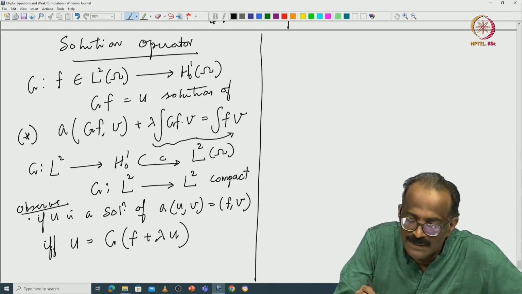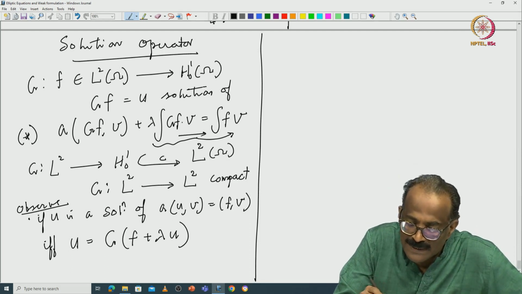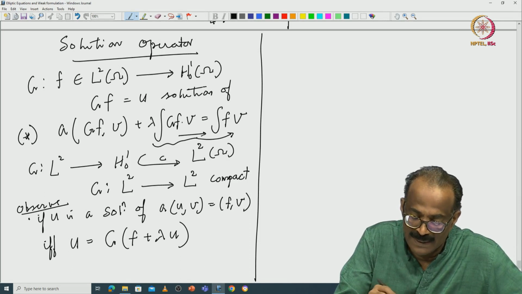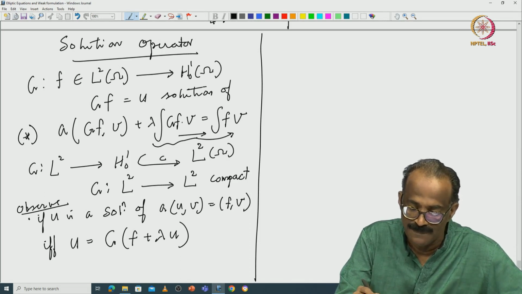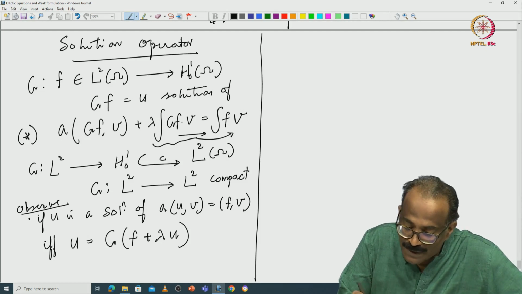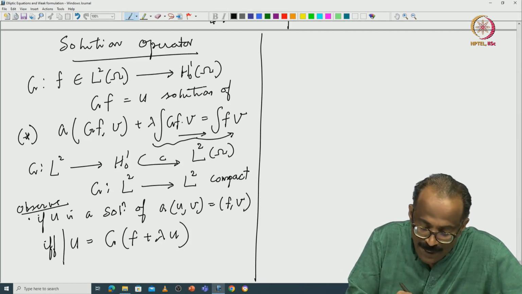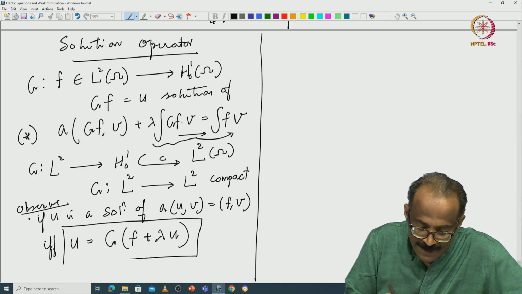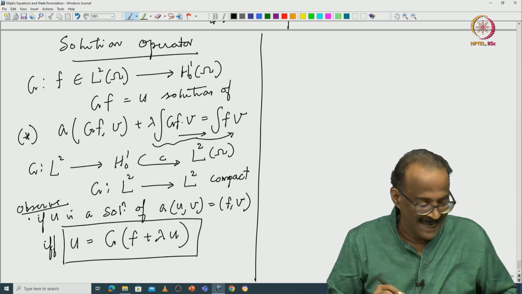So, if you take this to the right side, this will be f plus lambda Gf. Okay. So, if u is a solution to this one, if and only if it satisfies this.